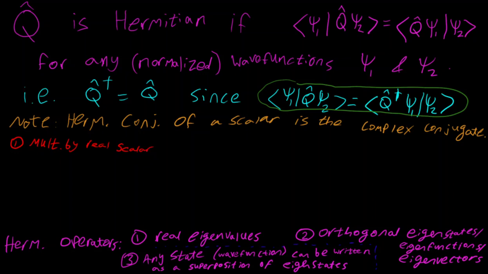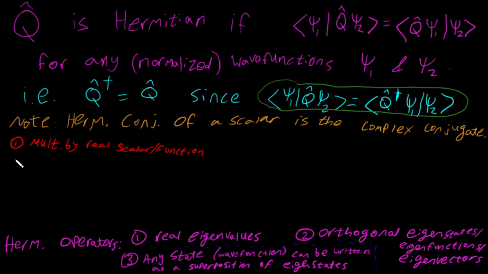Or a real scalar or a real function, a scalar valued function. So it doesn't just have to be a number. It doesn't have to be multiplying by 2. It can be multiplying by x as long as x is a real number, or x squared as long as x is real.